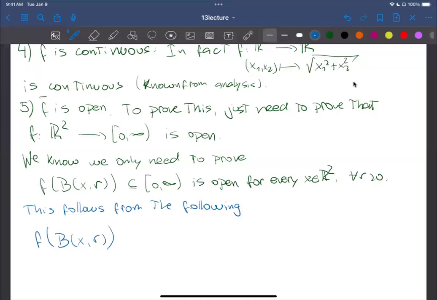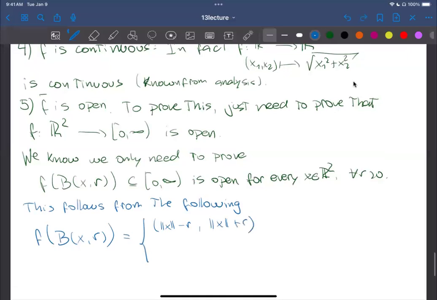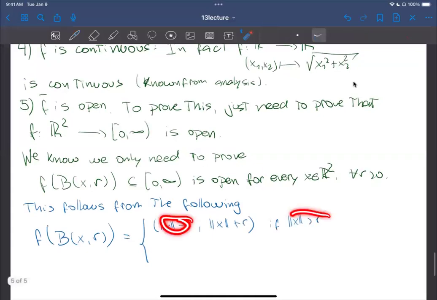So what f is doing is, if you take inside the ball many concentric circles, each circle will just go to the number. So the ball, since it's open, it's going to be mapped into an open interval. So the open interval is going to be norm of x minus r, norm of x plus r. But that's only going to be the case if the norm is big enough. Otherwise, remember, f only takes non-negative values, so we shouldn't expect this if that's not true.